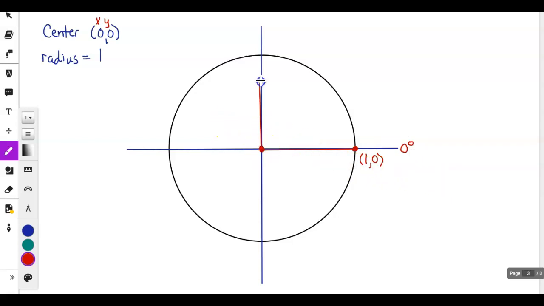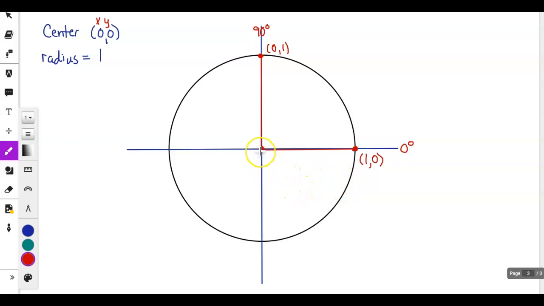Now, if we go straight up to this guy up here, okay, he has an ordered pair of, now I didn't go left or right, so that would be 0, but I went straight up to the edge of the circle, so that would be 1. And this guy up here would be 90 degrees, because that's a right angle.